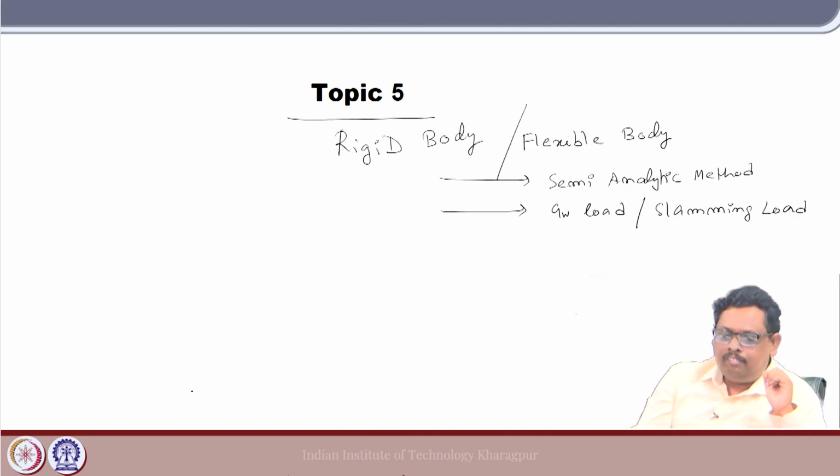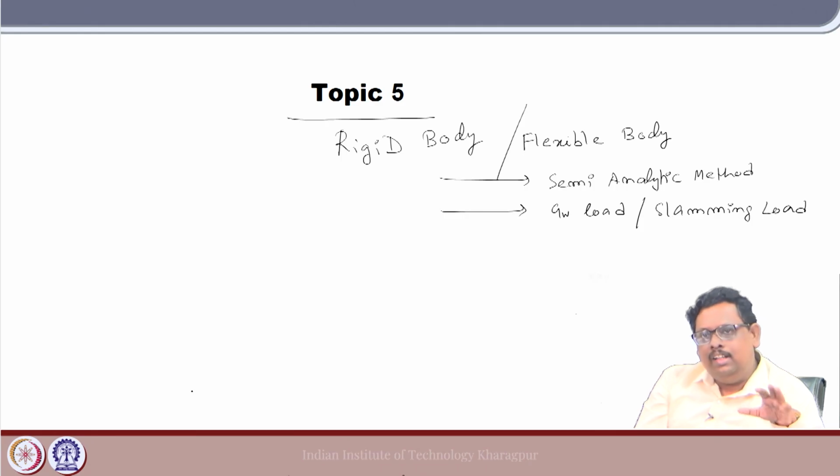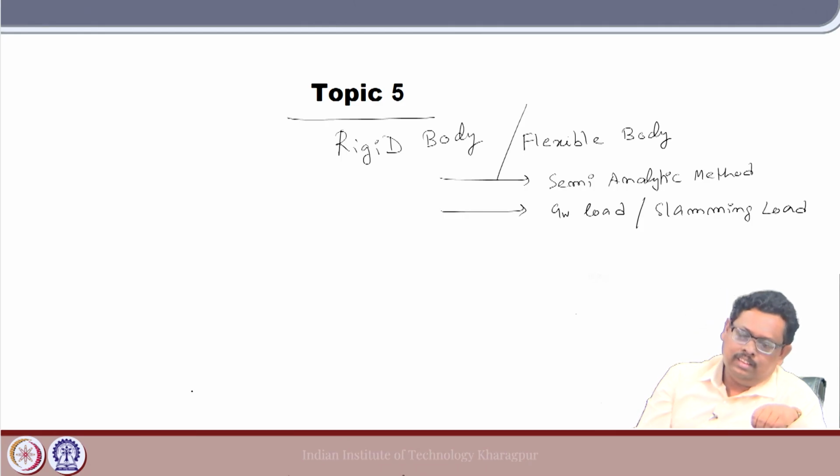Also we discussed some sort of non-linearity, right. Till now we discussed everything under the linear regime. Only in topic 5 we discuss how we can incorporate the non-linear forces, right.